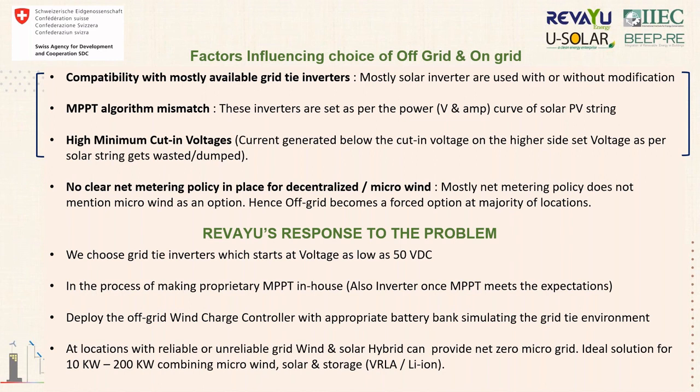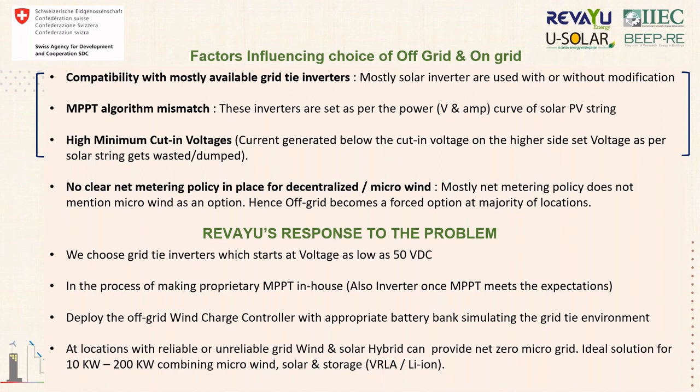Most of these inverters also have relatively high minimum cut-in voltages. Since they are designed for solar, they achieve higher voltage points. Most of the time, even for a small turbine like 3 kilowatt or 5 kilowatt, the starting voltage would be 60 volts. Below that voltage, the inverter will not start feeding power to the grid. It will be on standby mode and will not work at all.